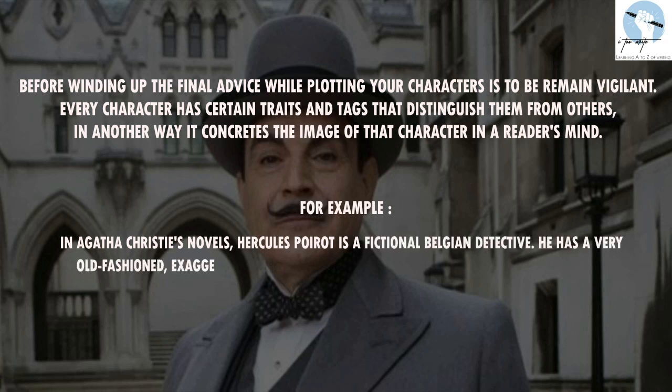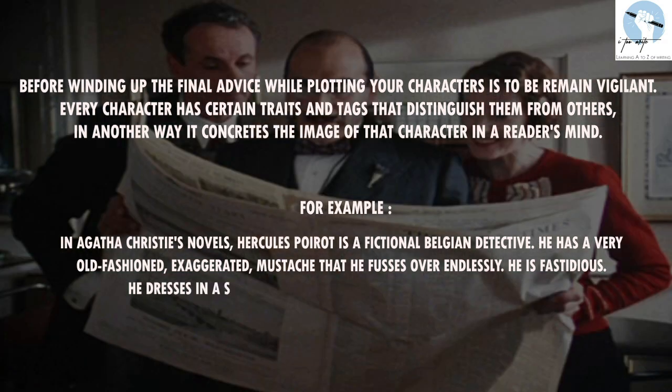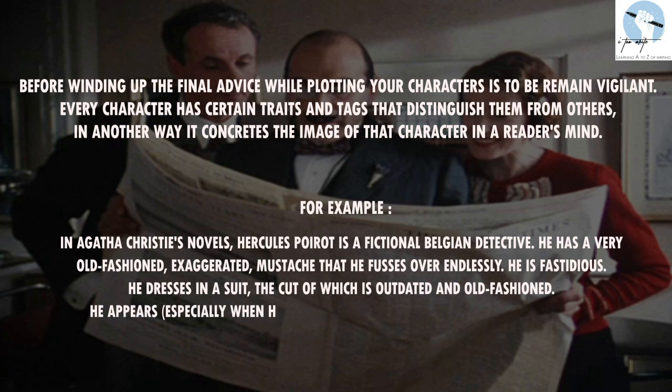He has a very old-fashioned, exaggerated mustache that he fusses over endlessly. He is fastidious. He dresses in a suit, the cut of which is outdated and old-fashioned. He appears, especially when he wants to, excessively foreign.